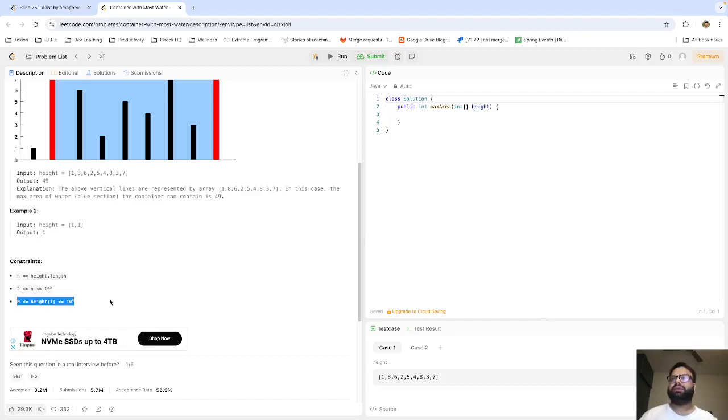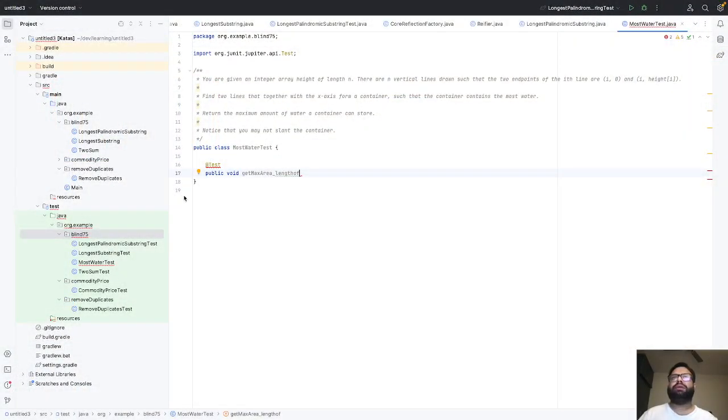Minimum 2, maximum 10 to the power 5. Height can be 10 to the power 4. It's 10 to the power 4 times 10 to the power 5. It's better to use longs, I guess.